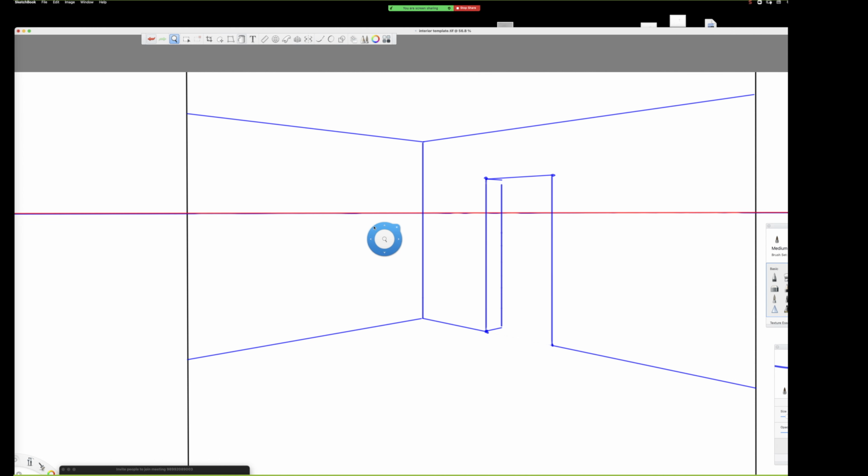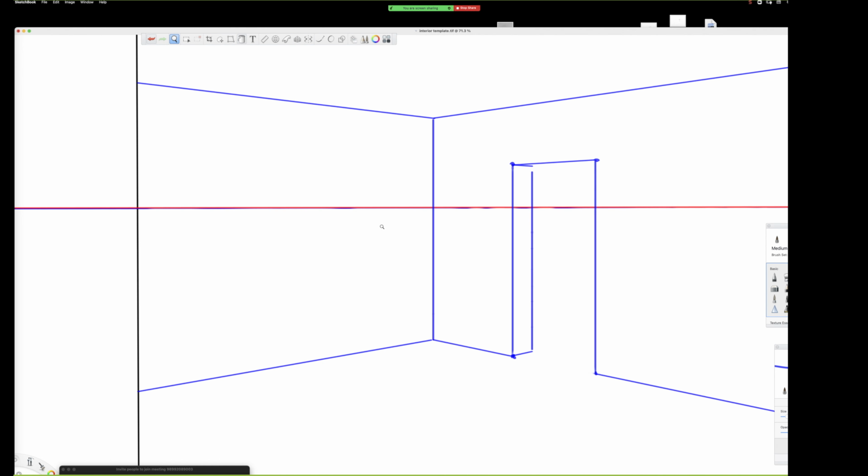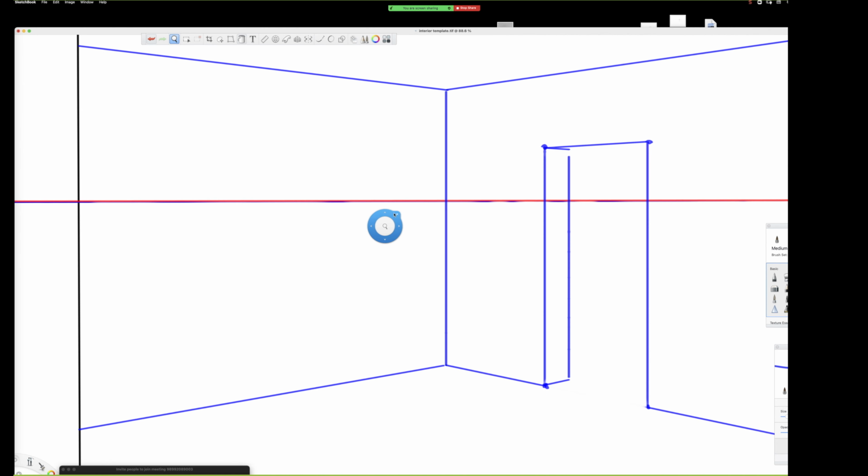That will give you the proper point right there. Let me zoom in a little bit. And then you just connect those two. Okay? So what that does is give you just the thinnest of sliver for the underneath part of the doorway, right?